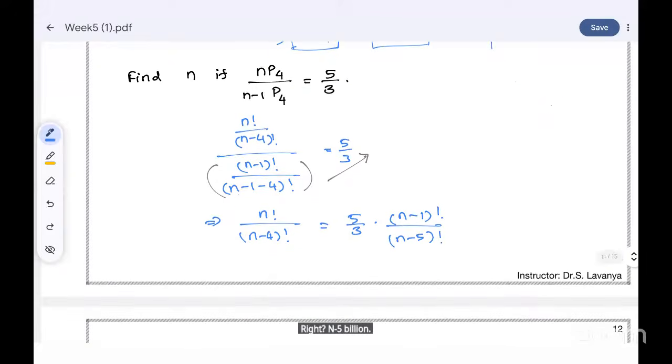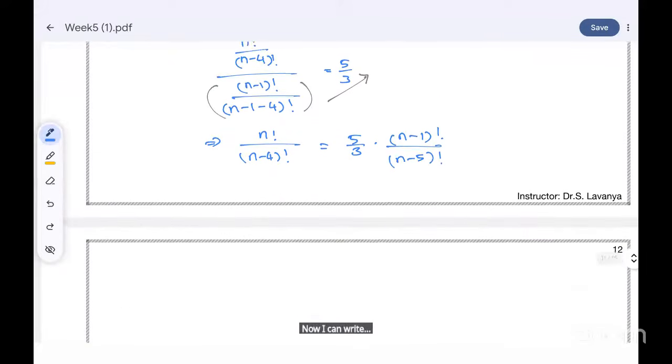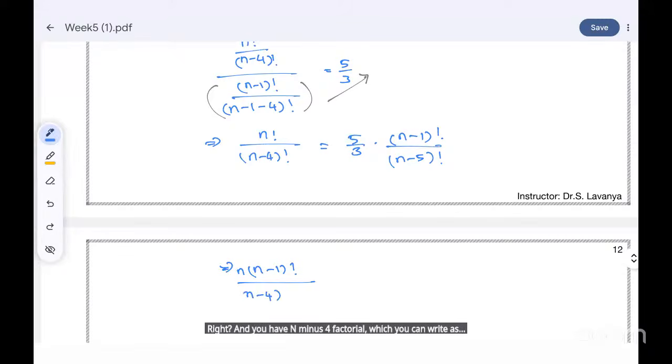Now I can write n factorial as n into n minus 1 factorial, right? And you have n minus 4 factorial, which you can write as n minus 4 into n minus 5 factorial, right? And this is equal to 5 by 3, n minus 1 factorial by n minus 5 factorial.